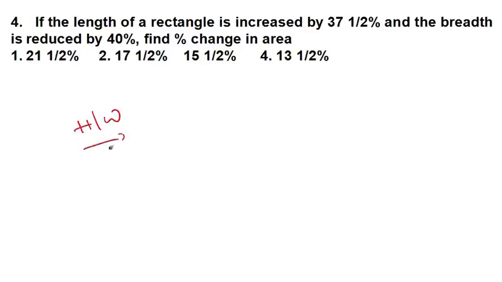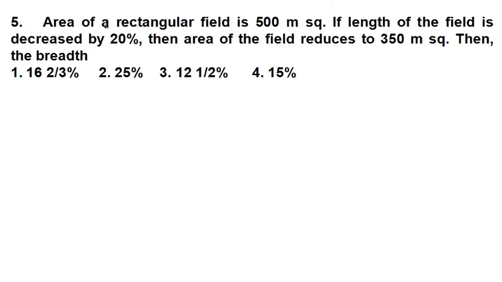If you have any doubt, you can always get back through your comment. Here you have to know the fractional value of 37 by 2% and 40%. Guys, here you see this got increased and the other got decreased. I hope you can do it. So let's move ahead.